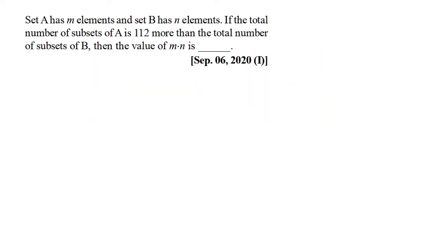Here we go. So here set A has m elements and set B has n elements. If total number of subsets of A is 112 more than the total number of subsets of B, then the value of m multiplied by n is.